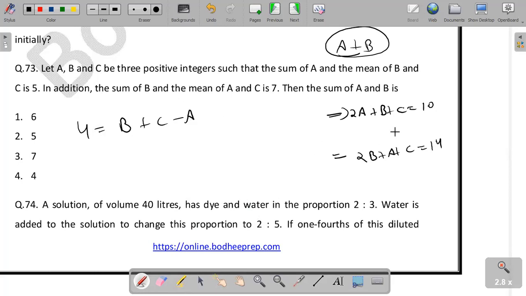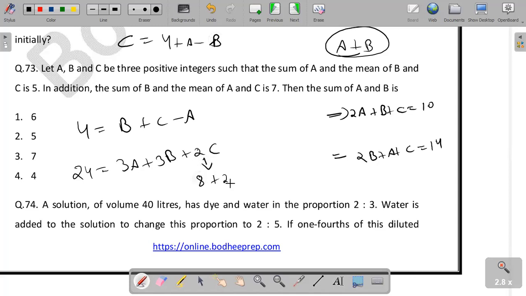Fine. Now I will add both the equations. I would get 24 is equal to 3A plus 3B plus 2C. I have to find A plus B. Fine. So if I get the value of C from here, that is C is equal to 4 plus A minus B, I would put C here, 8 plus 2A minus 2B.